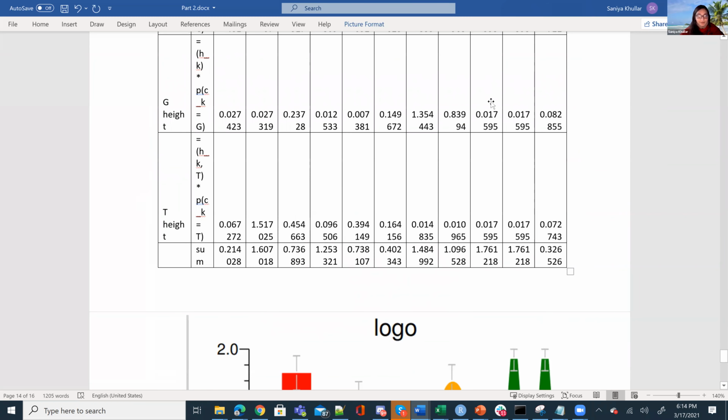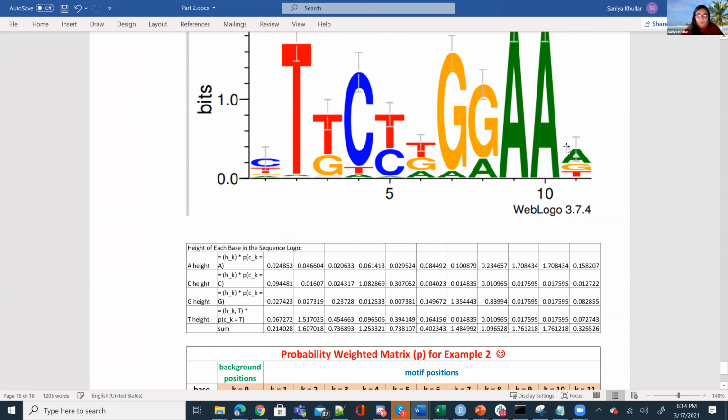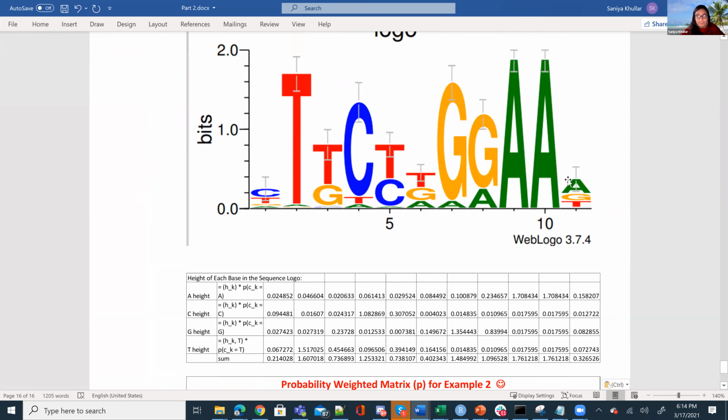This is like 11 motif positions here, but we see here that we get much less information. Here for these two A's, these correspond to these values here. So let me use a color, so these values right here will correspond to like this.